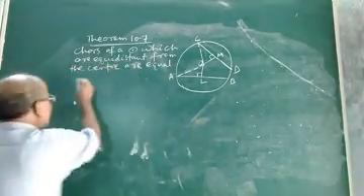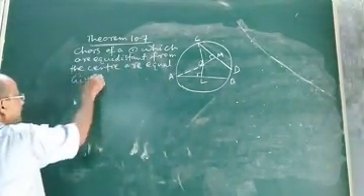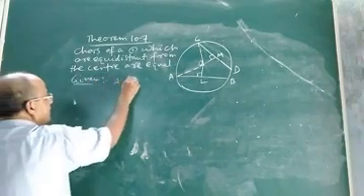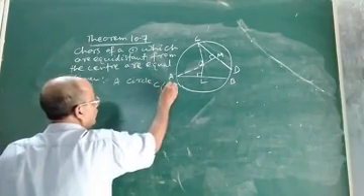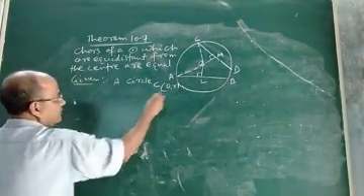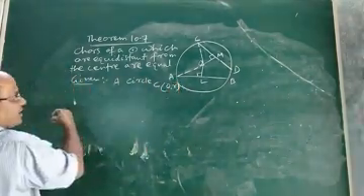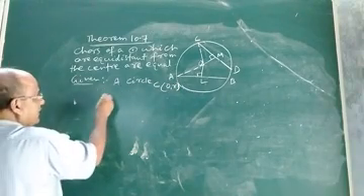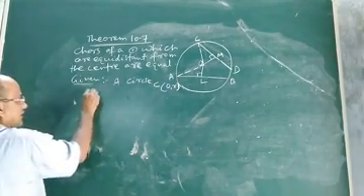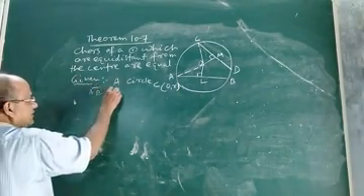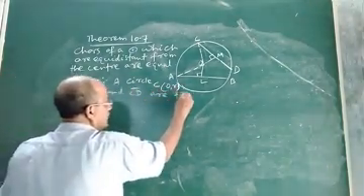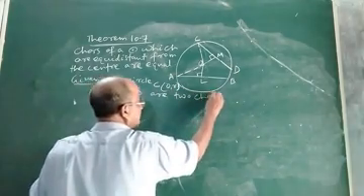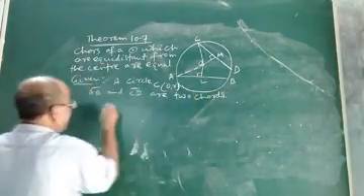Let us see. So what is given here? You are given a circle C with center O and radius R. AB and CD are two chords. It is given. What else is given?